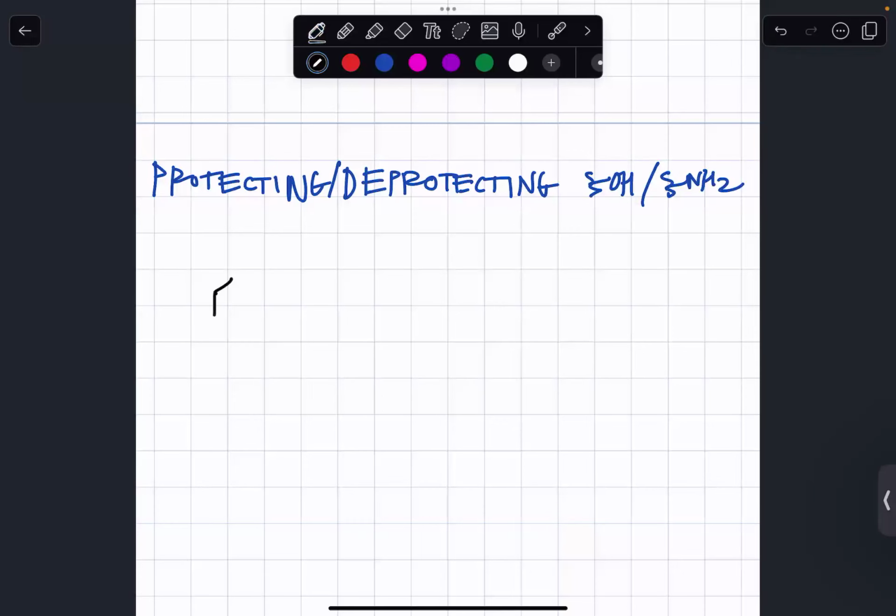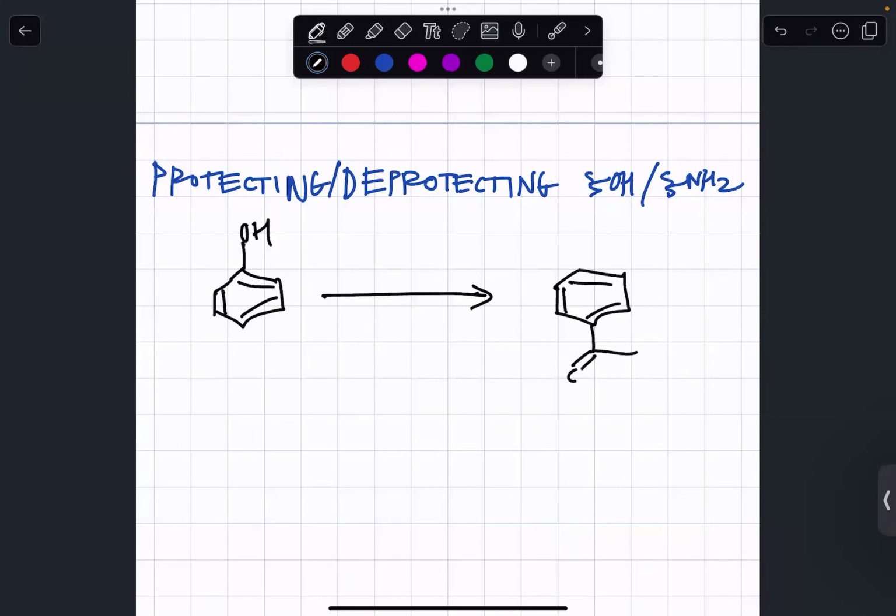Because for synthesis, let's say that you want to convert this benzene ring with the alcohol into this acylated group with the alcohol still there. You cannot go here directly by using this Friedel-Crafts reagent.